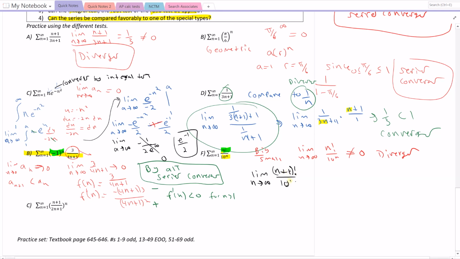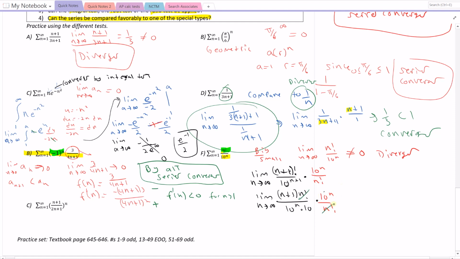And then on the bottom we have 10 to the n plus 1, and we're going to multiply that by 10 to the n over n factorial. A little bit of rewriting. This is going to be (n plus 1) times n factorial over 10 to the n times 10, and then times 10 to the n over n factorial.